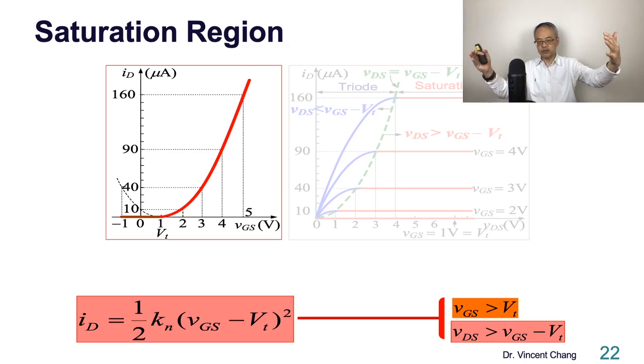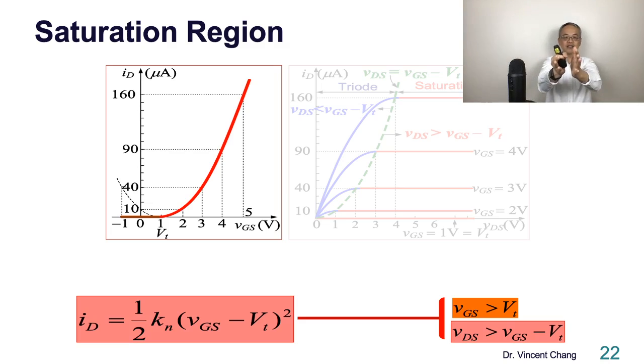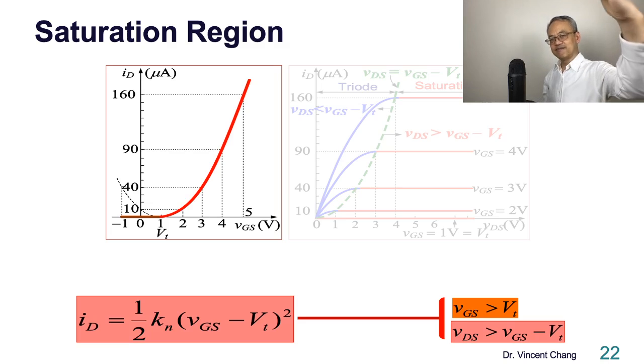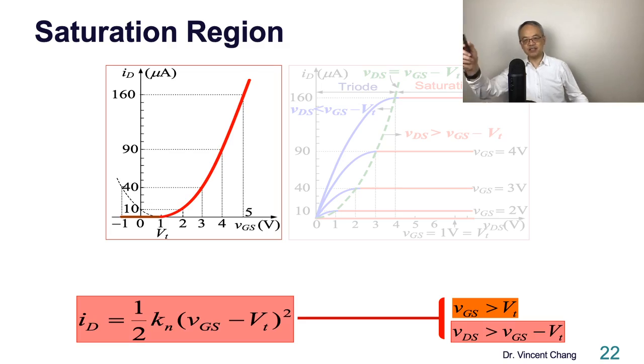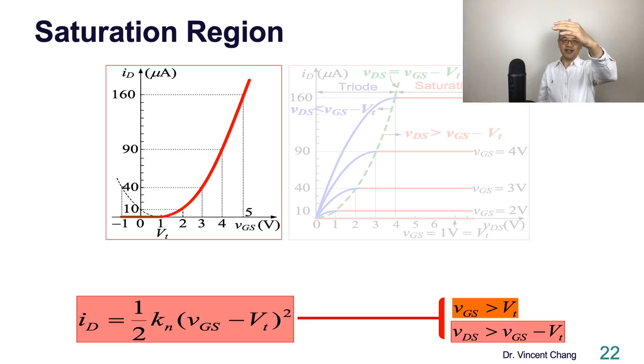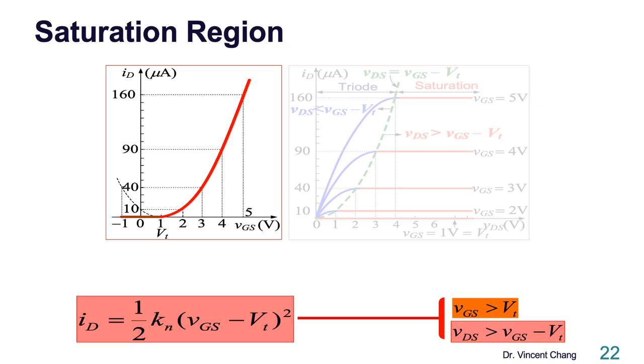I know a lot of beginners get confused when they first learn this, which is why I used different colors. All the red corresponds to the saturation region, and all the blue talks about the triode region. Here is the red: saturation, 10, 40, 90, 160 on the right, and the same 10, 40, 90, 160 on the left.